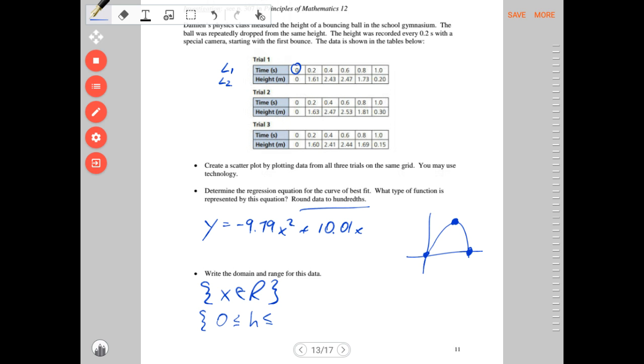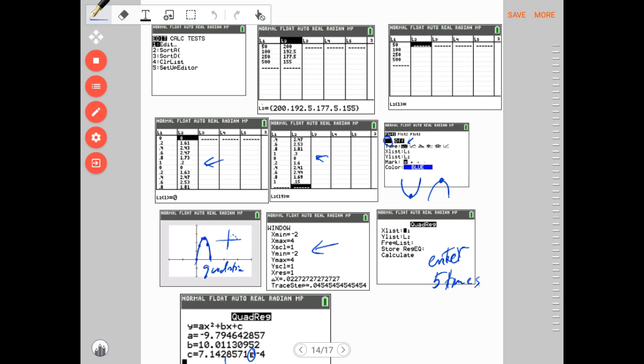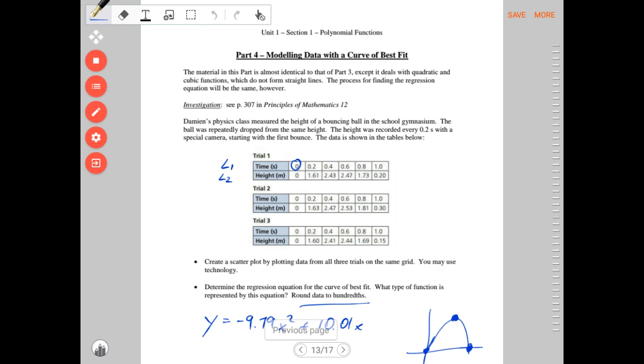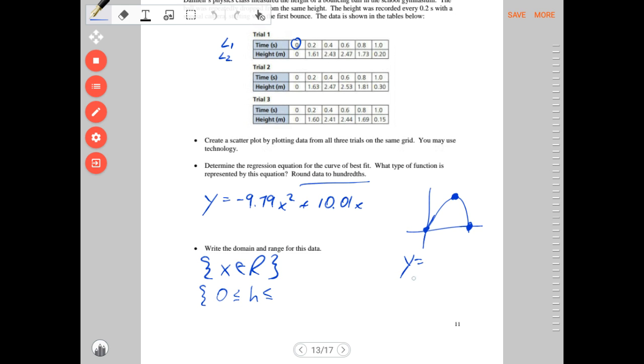How we go about doing this is we go to the y equal menu. In y1 or wherever you are, hit the vars button.